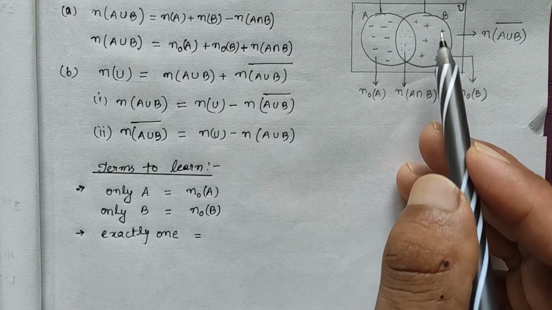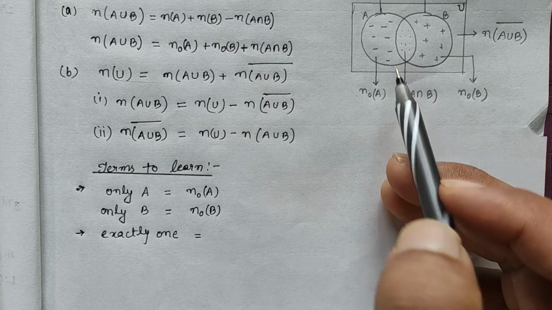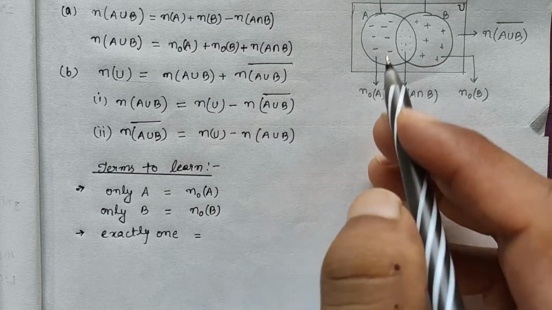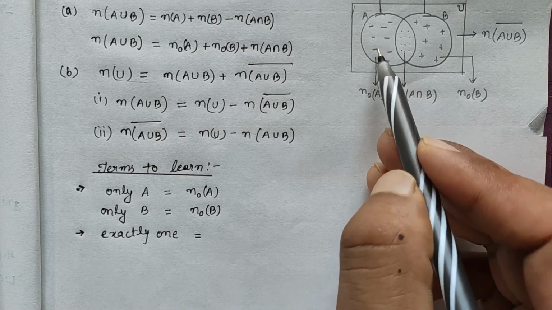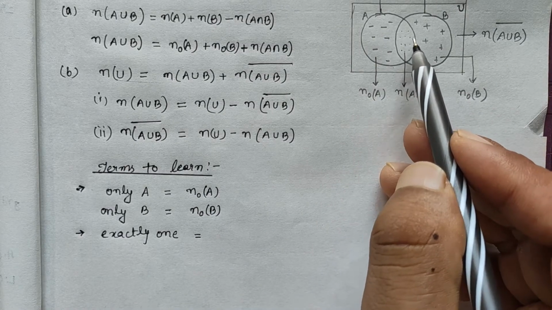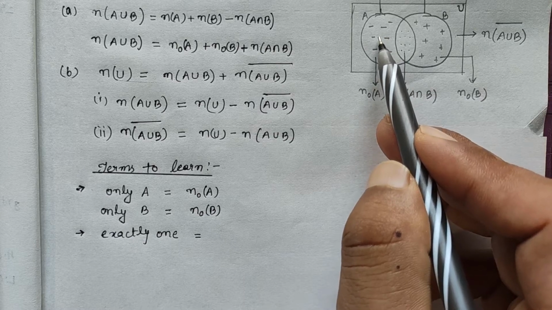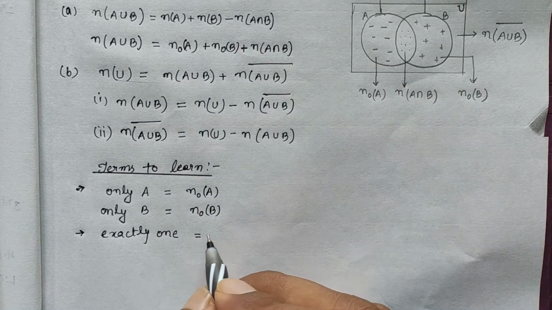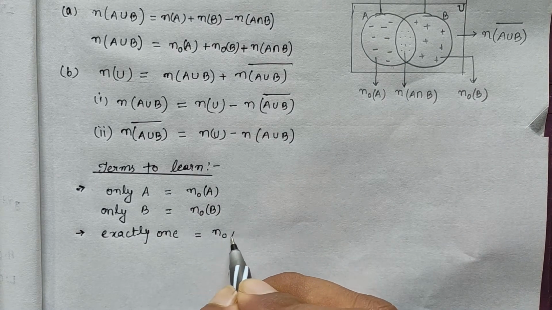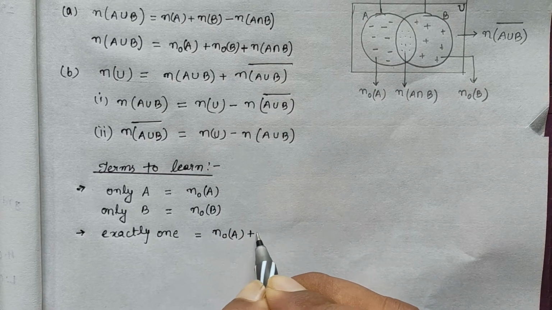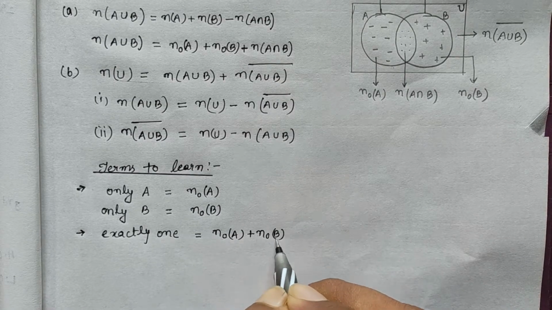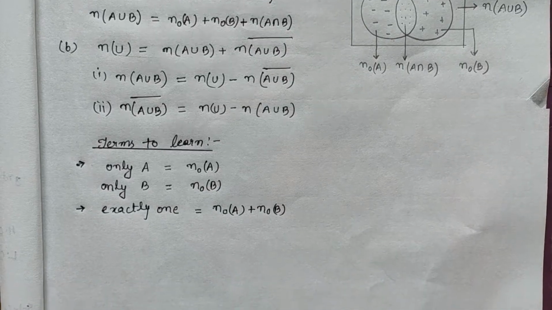But here exactly 1 represents this one, meaning not common to A and B, that is, only in A part and only in B part. So we can write here n only A plus n only B. Okay, again.